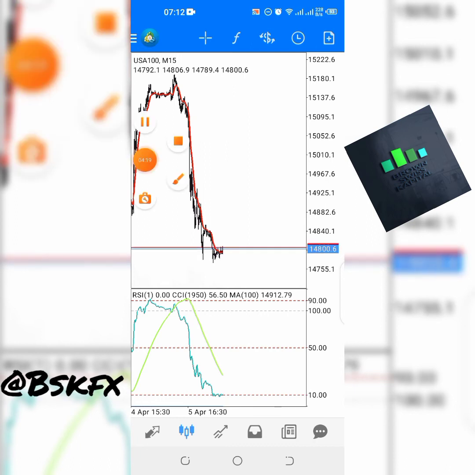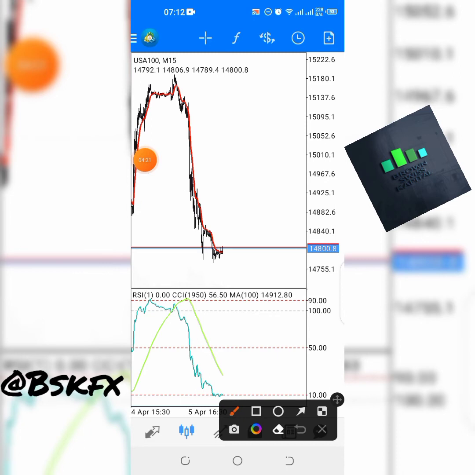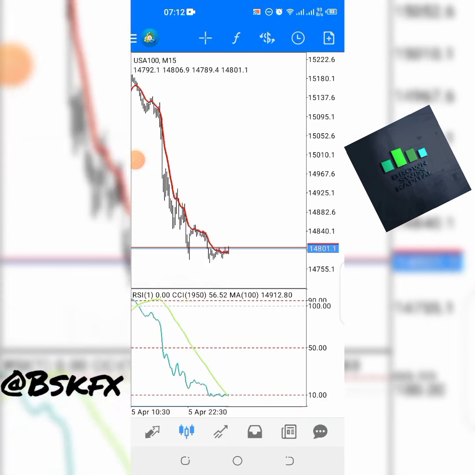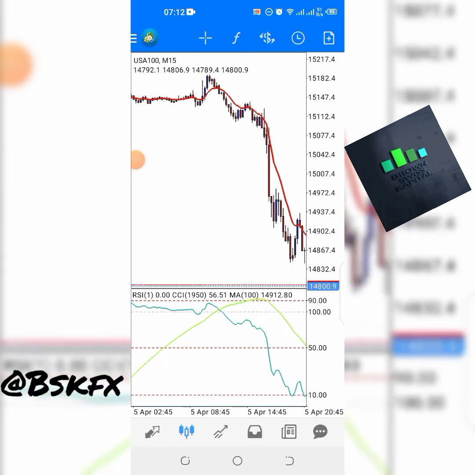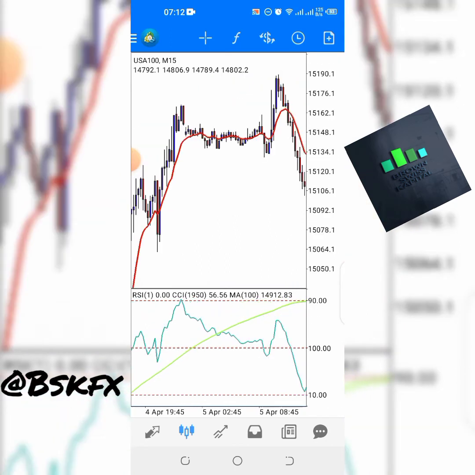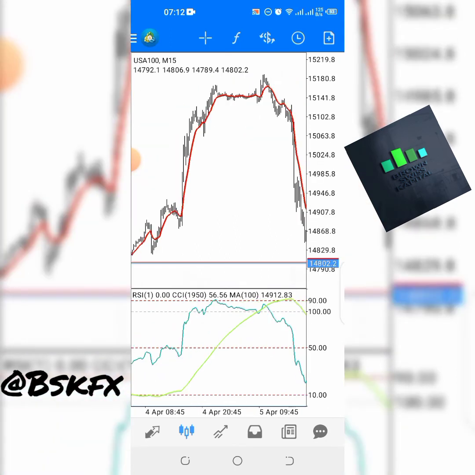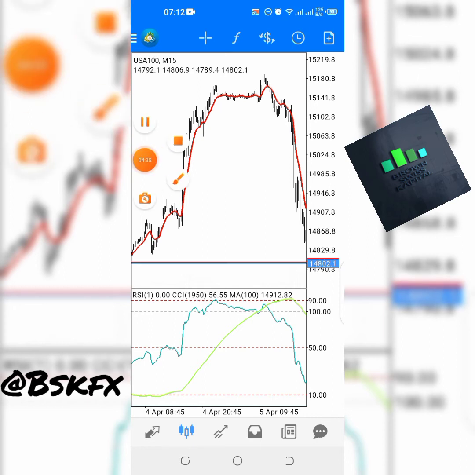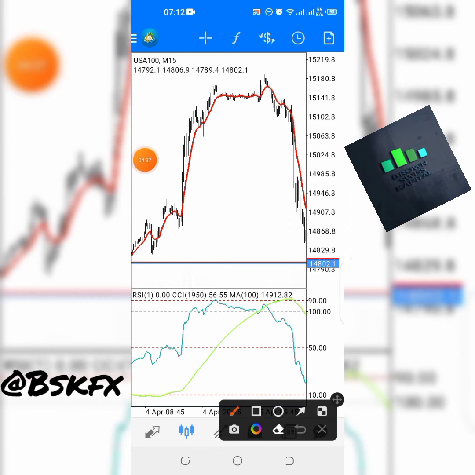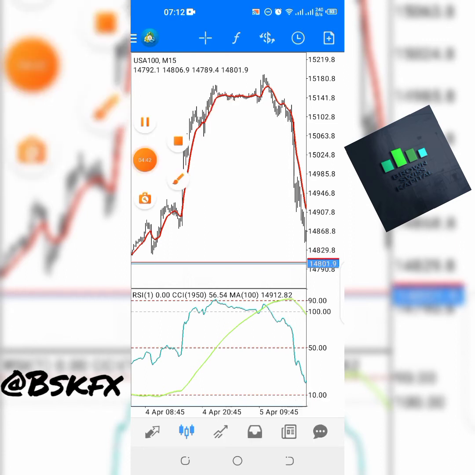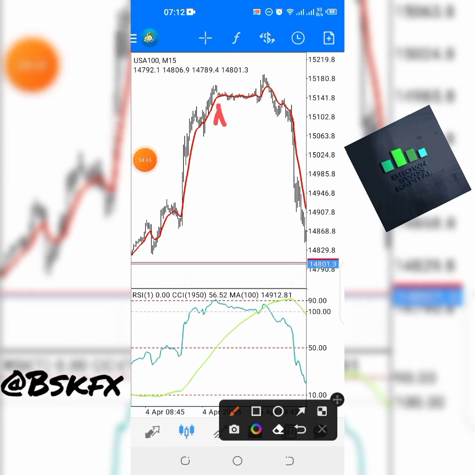So the rules before for this strategy were simple. Let me zoom in, just find a level. The rules were quite simple for the first revision. Number 1, wait for the red 10 EMA, wait for price to close below this EMA in case of a sell setup.